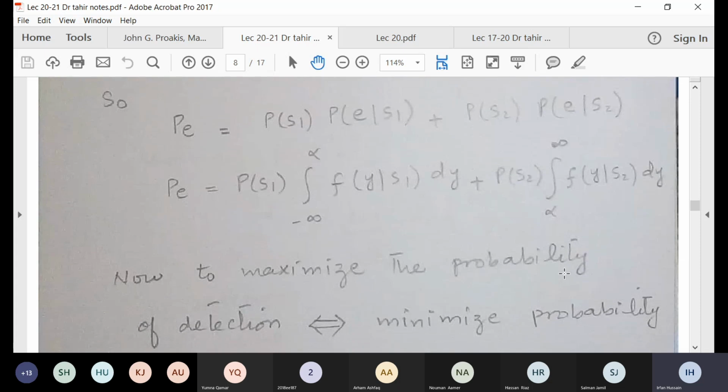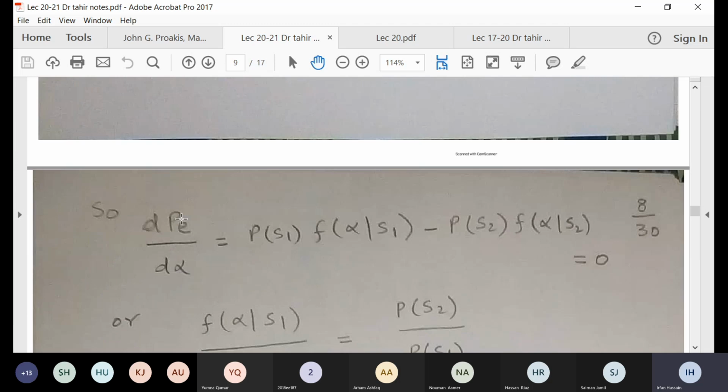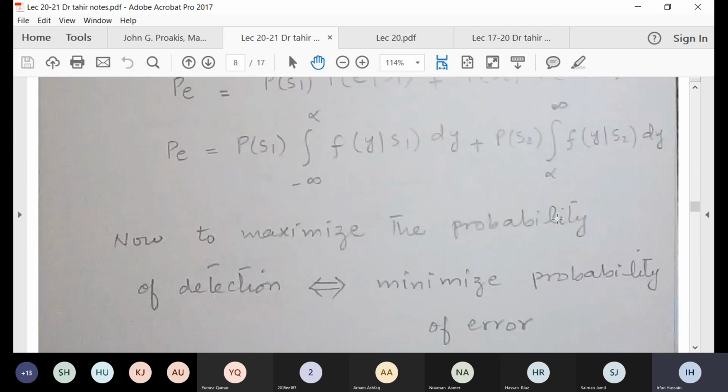So how can we maximize our probability? We will take its derivative and put the result equal to 0. This rule we studied in chapter 7: if you take the derivative of an integral having limits, you will get the function at the points of the limits.